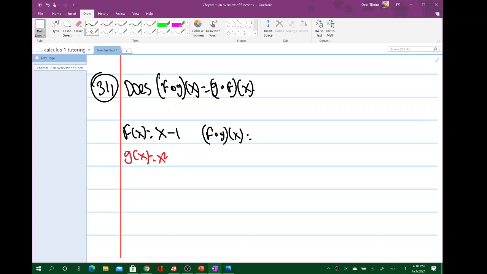This is f of the quantity x squared, right?